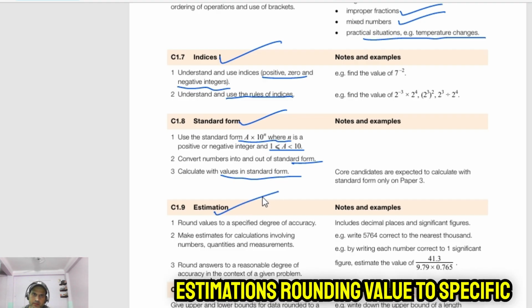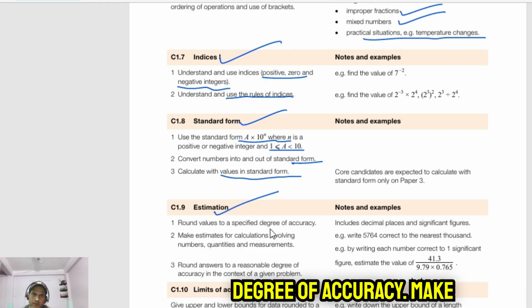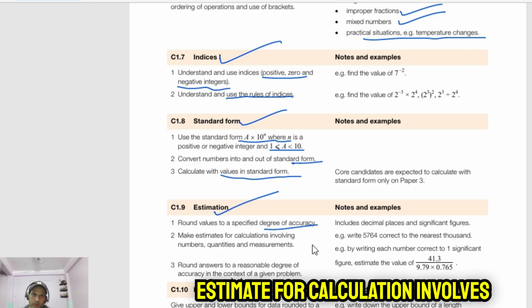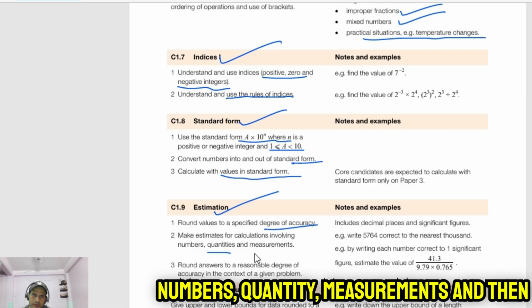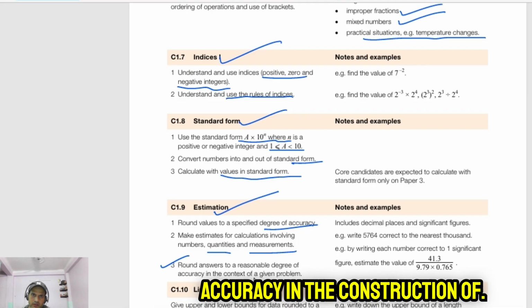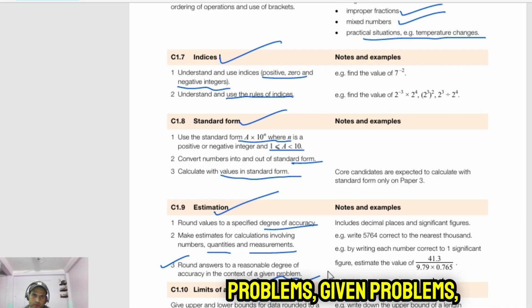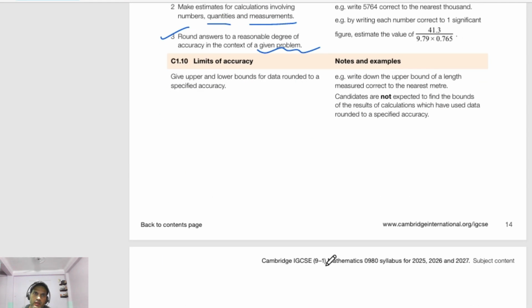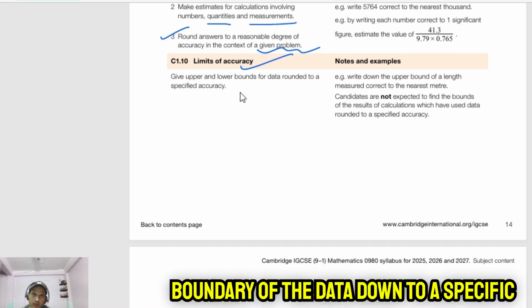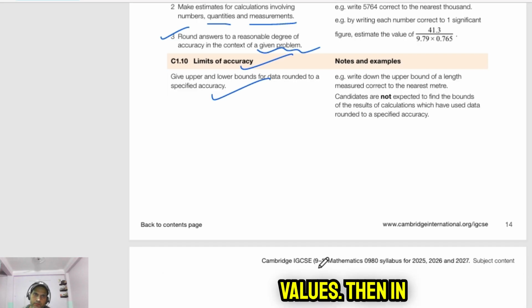Then estimations: rounding values to a specific degree of accuracy. Make estimates for calculations involving numbers, quantities and measurements, and then round answers to a reasonable degree of accuracy in the context of given problems. And then limits of accuracy: given the upper bound and lower bound of the data, round to specific values.